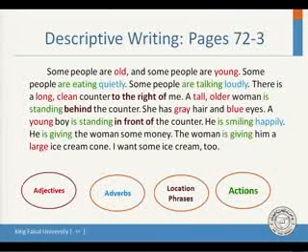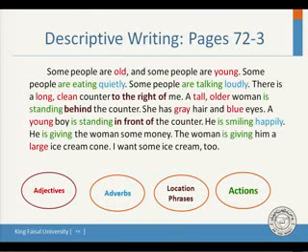This is the second paragraph, and you can see here also we have many adjectives. They are in red: old, young, long, clean, tall, older, etc. All these are adjectives. Now the adverbs are written in blue: quietly, loudly, happily, etc.